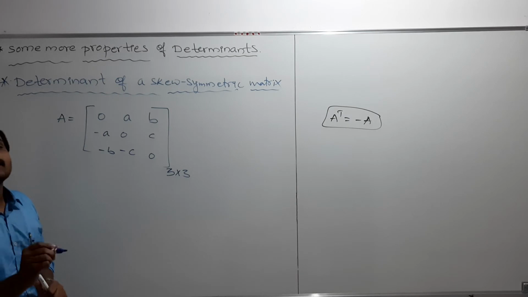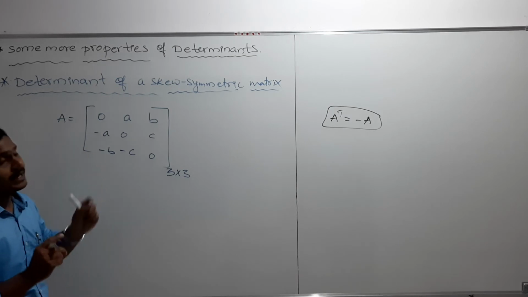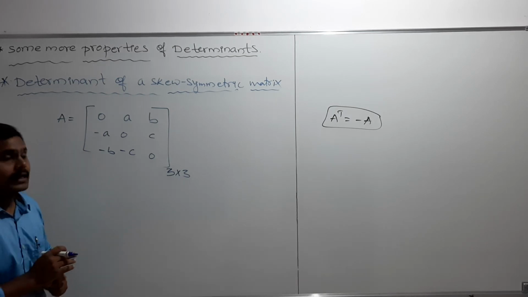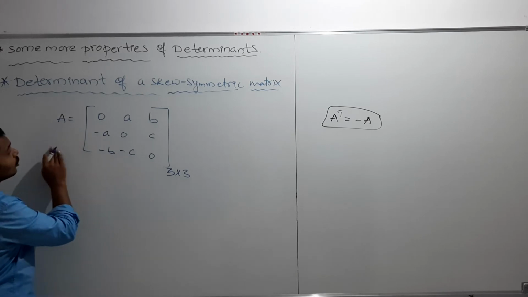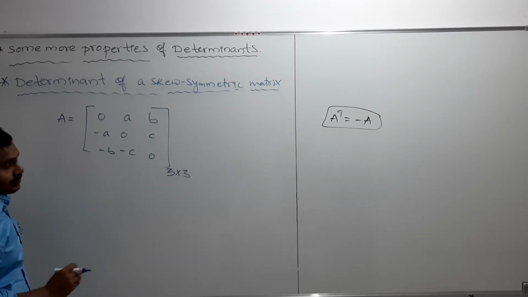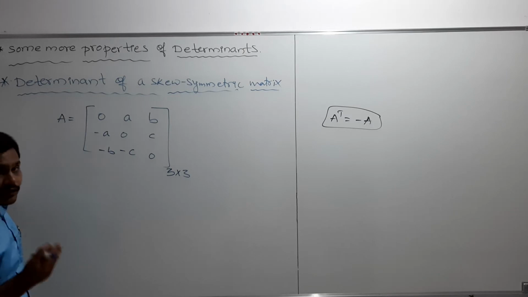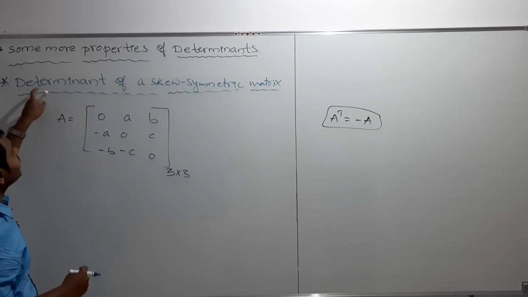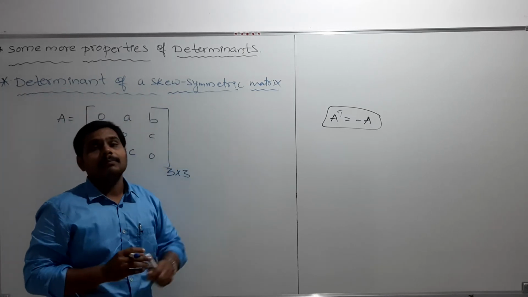So whenever you have the skew symmetric matrix, how to calculate the determinant of that, I am going to discuss. Therefore I gave the heading as determinant of a skew symmetric matrix.